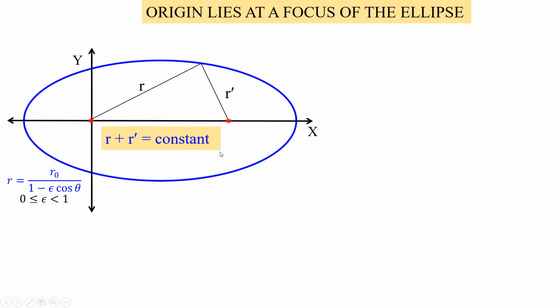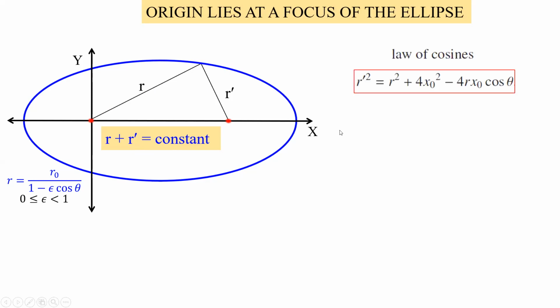Now, very easily we can understand that by the law of cosines, r dash square is equal to r square plus 4x naught square minus 4r x naught cos theta.